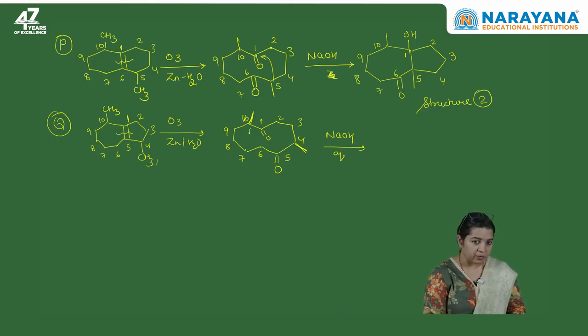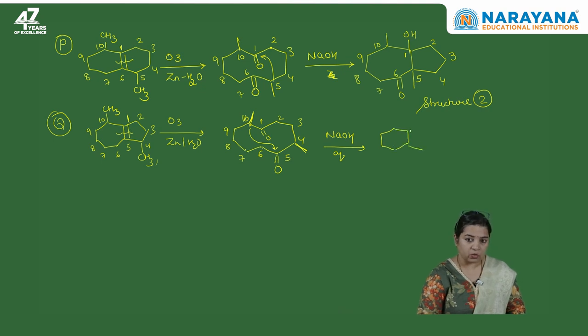So if I attack from this 10 to 5, check the count of the ring: 1, 2, 3, 4, 5, 6. That is quite perfect. The other side ring will be 1, 2, 3, 4, 5, 6. So we are getting two fused rings which are both six-membered rings.